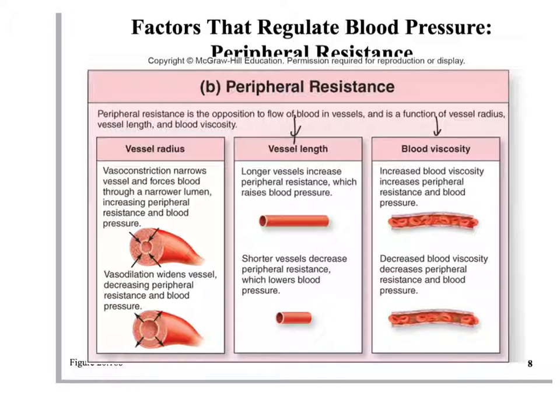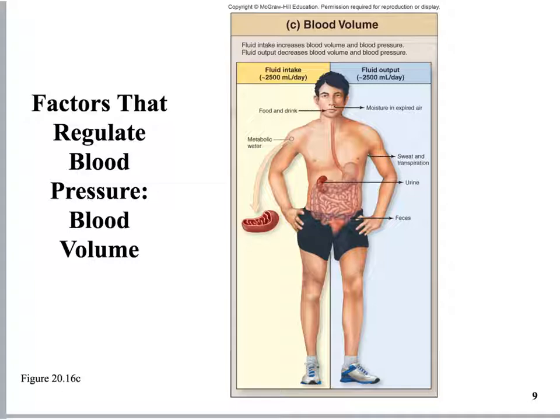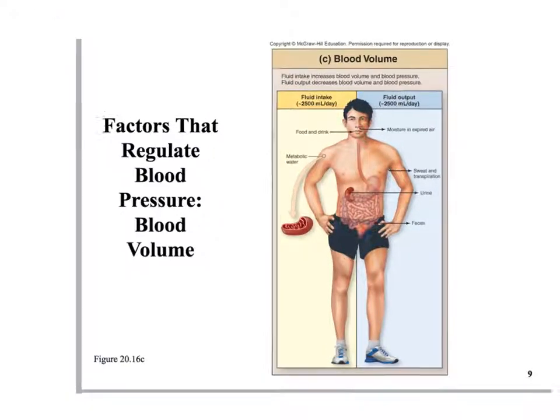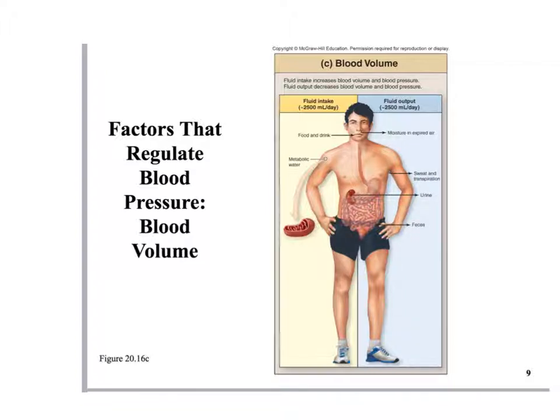Questions on the relationships of blood pressure, cardiac output, resistance, heart rate, blood volume, especially blood volume. I think it's a big one. Okay, and then you have blood volume, a factor that regulates, right? So fluid in should equal fluid out.